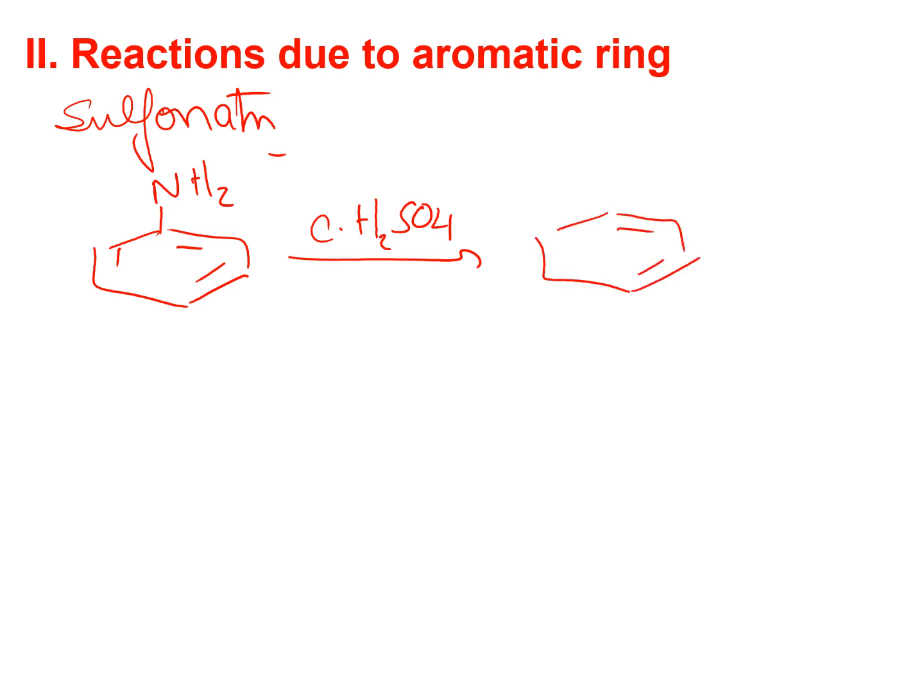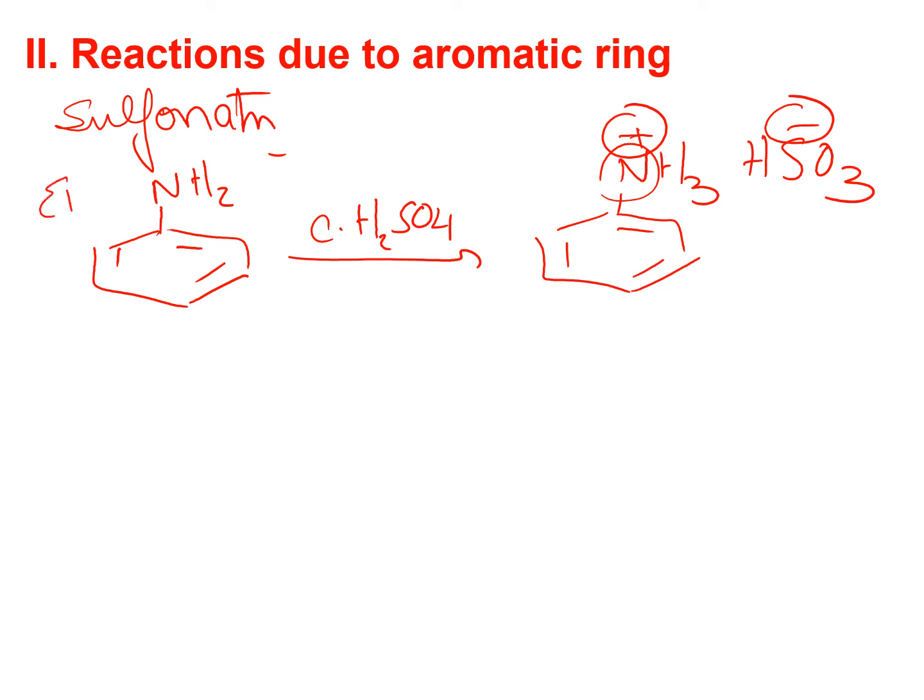So once you add an inorganic acid to amino compounds, you will actually end up with the salt. You will not have the free amine. You will end up with the salt. Once you obtained the salt, now the nitrogen is not carrying a lone pair of electrons. On the other hand, it's carrying a positive charge. So it's no longer an electron donating group.